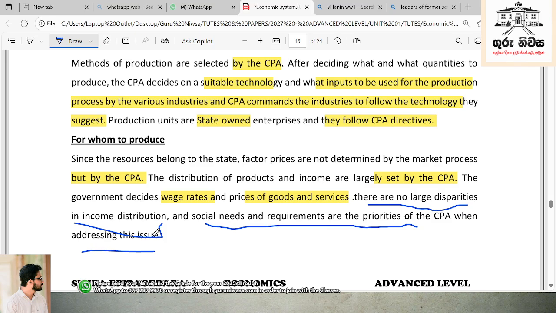But when it comes to the market economic system, social needs, especially the non-profit, unprofitable sides, are not given priority. Example, last day I told you education and healthcare are not provided up to a sufficient level. That's a big problem in the market economic system, but in the planned economic system social needs and requirements are prioritized. That's a good, positive point in this economy.